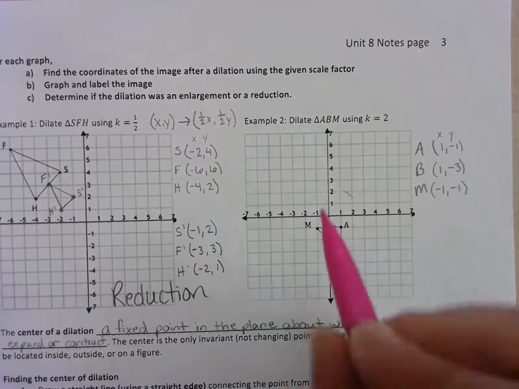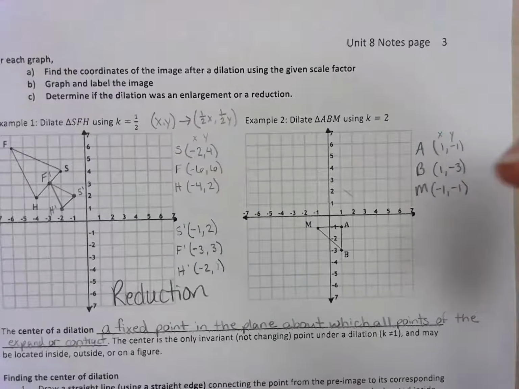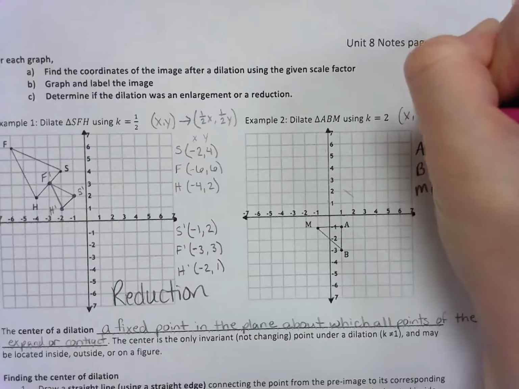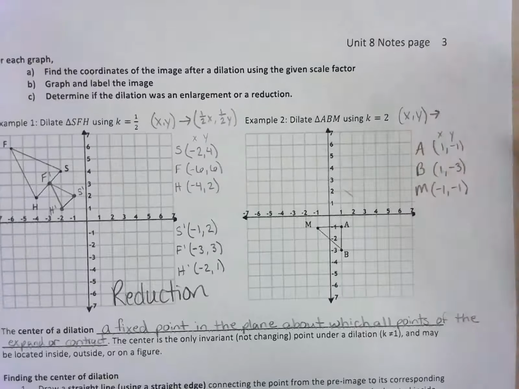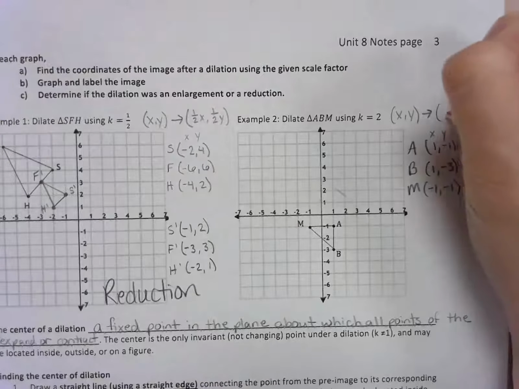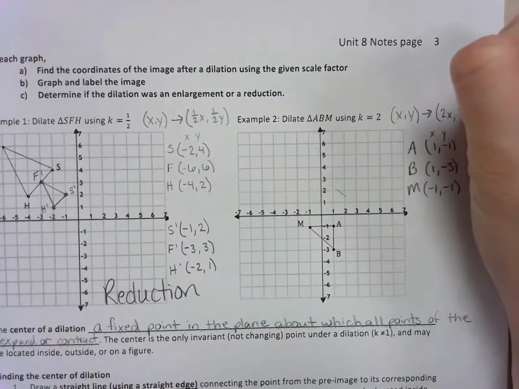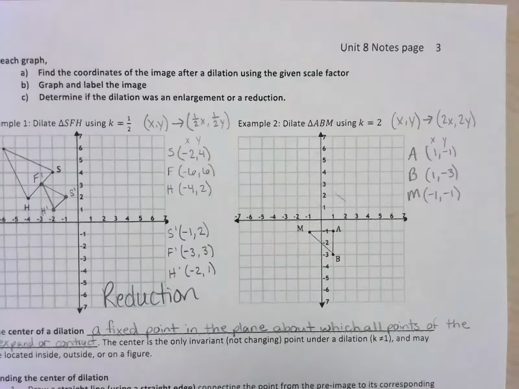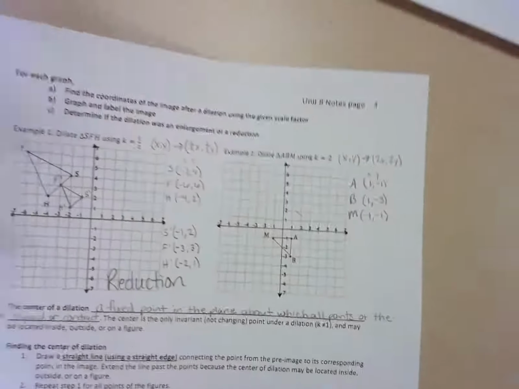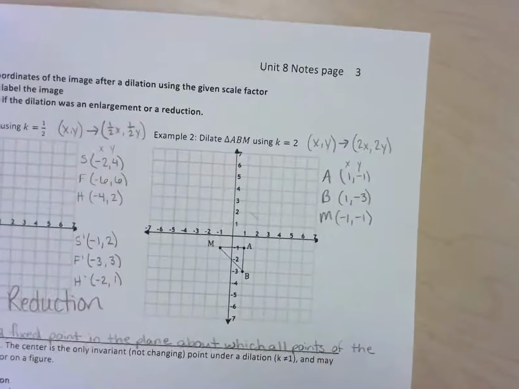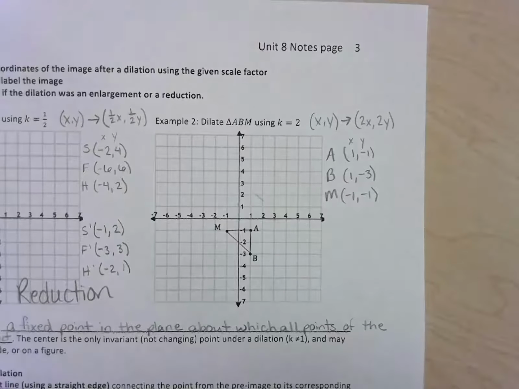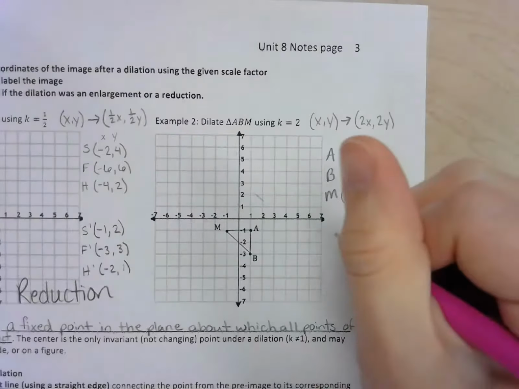For this scale factor, we're given K equals 2. So we're going to take our XY ordered pair. In order to perform our dilation, we're going to take our X and multiply it by 2 and multiply our Y by 2. Let's do that with each of our points.